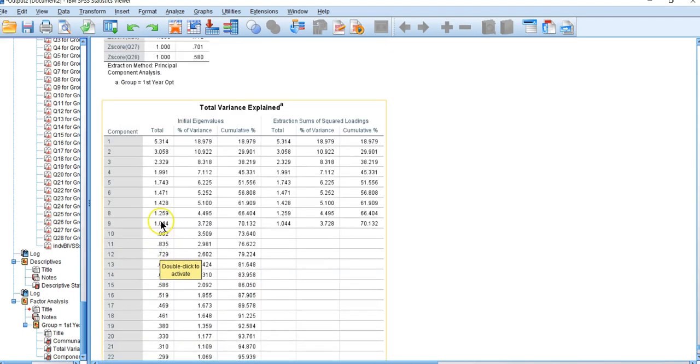Well, a factor that accounts for equivalent to 5 questions is pretty good. That's 3, 2, and so forth. Now, when we get down to the 9th, there's a whole factor that's really only accounting for basically 1 question. And that doesn't seem very useful.